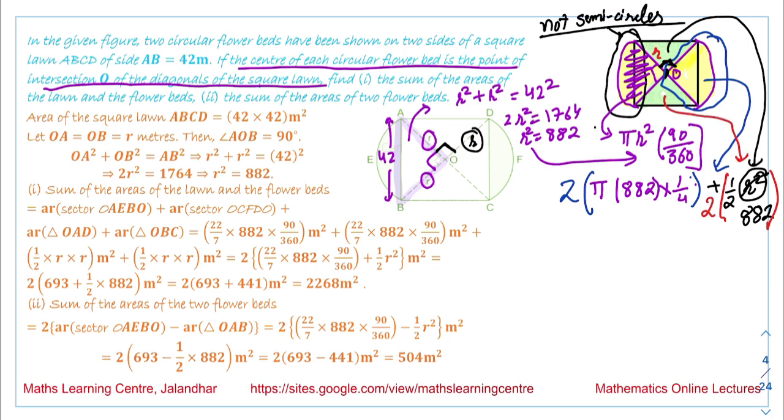So the total area we have is 2, this 2 gets cancelled.